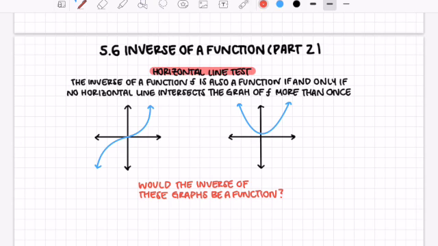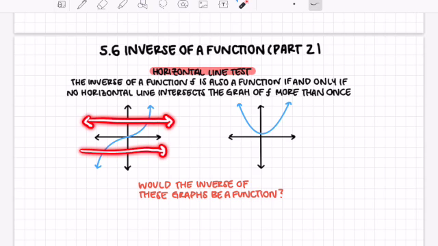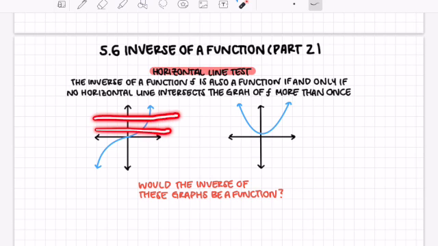Okay, so the way I could test that out is by doing the horizontal line test, where if I were to draw a horizontal line anywhere on my graph, it should only intersect once on the image. For example, for the x to the power 3, obviously, each time I draw a horizontal line, we get only 1 point in the end.